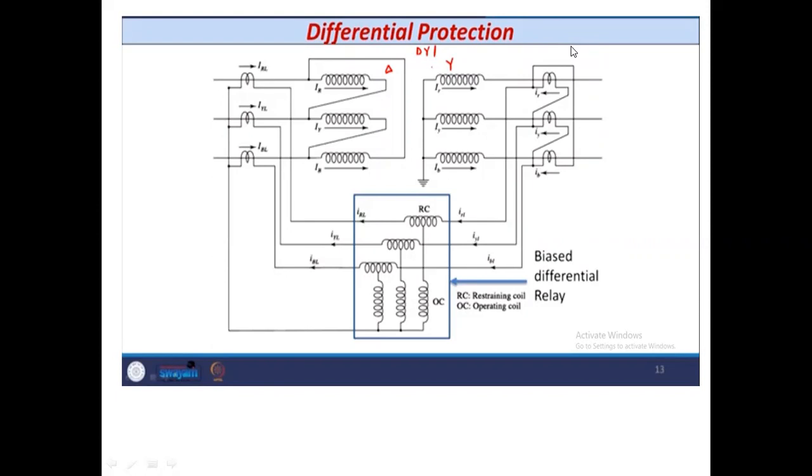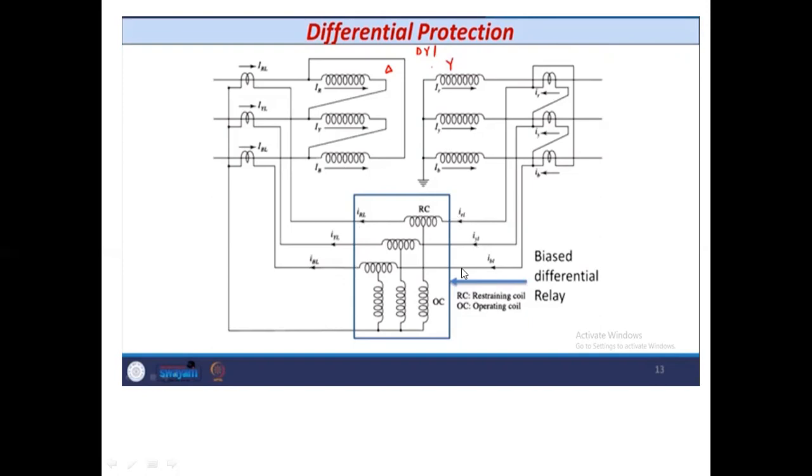Whatever current you can see, the primary currents are IRL, IYL, and IBL on the delta side. On the secondary side there is a 180-degree phase shift, with small IR, IY, and IB. This current should be equal to this current given on this side, that is capital IR, IY, and IB.